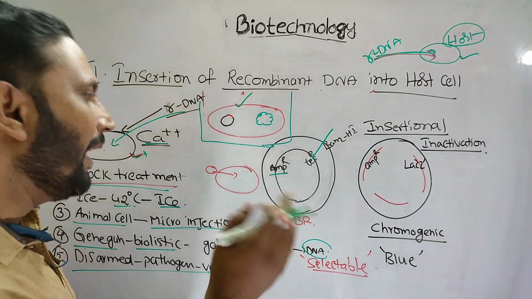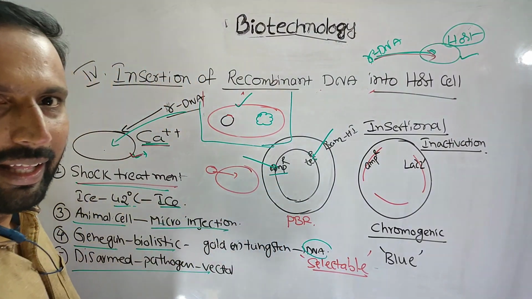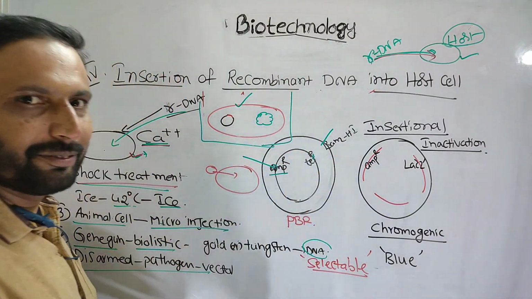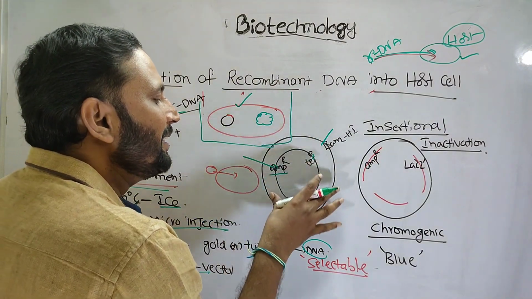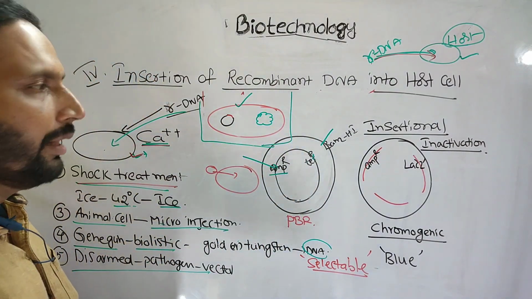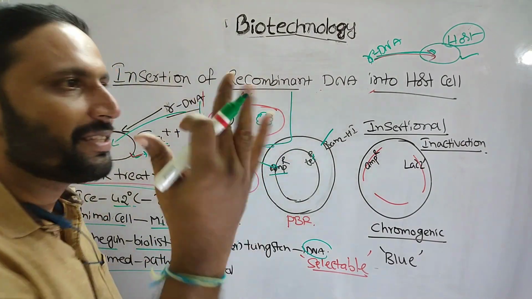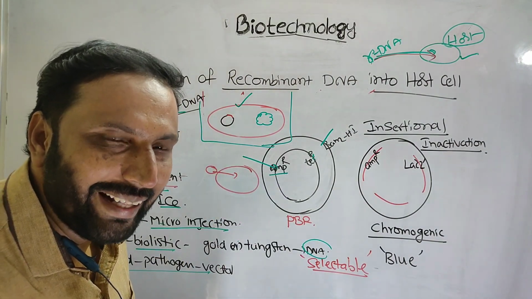Like that, if ampicillin is disturbed, tetracycline is there. Suppose the bacterial cell has this recombinant DNA and grows on ampicillin medium, that transformed cell cannot survive because there is no ampicillin antibiotic resistance gene.